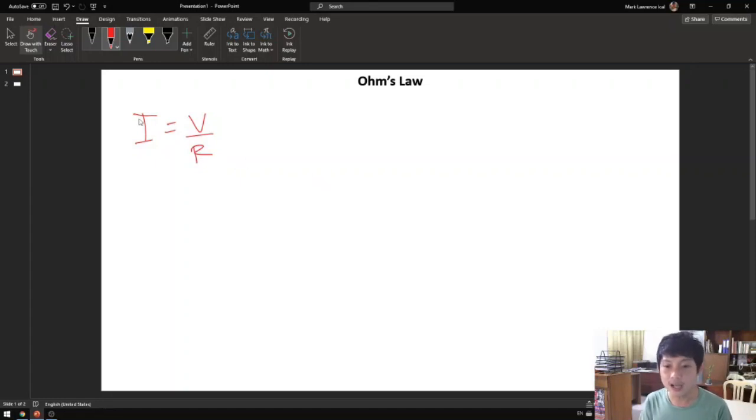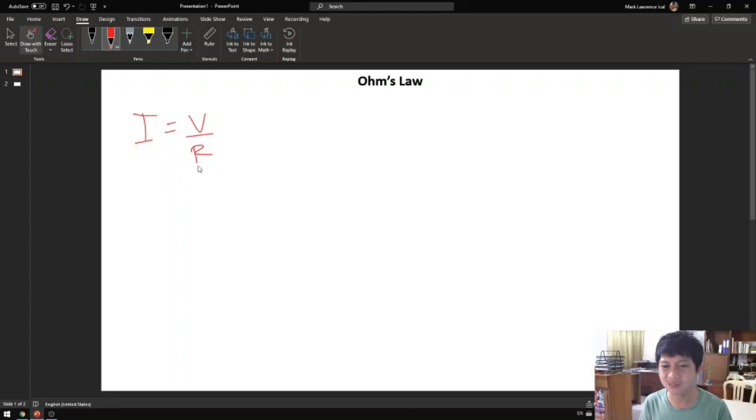This means that the current increases when the voltage increases, but the current decreases whenever the resistance increases.